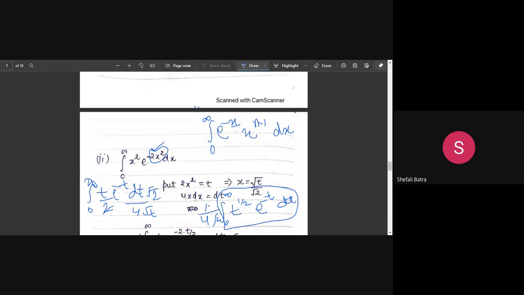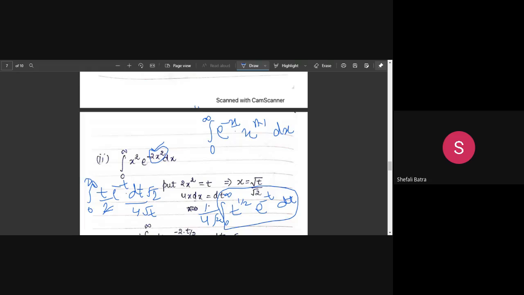Yes, what is it? Gamma 3 by 2. Yes, child. And the answer is pi by 2.